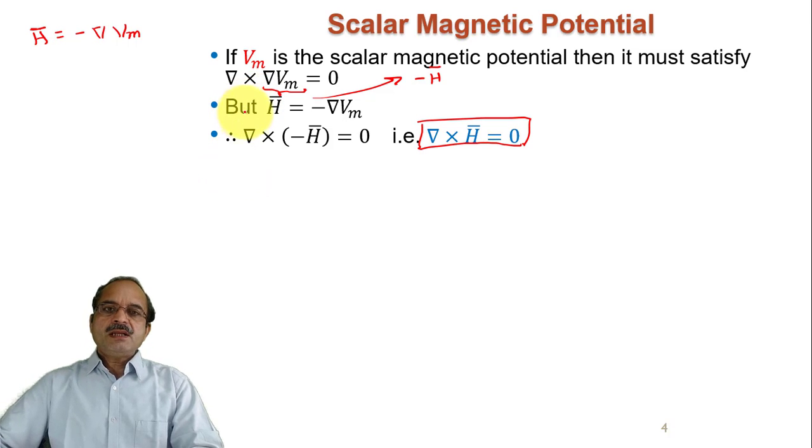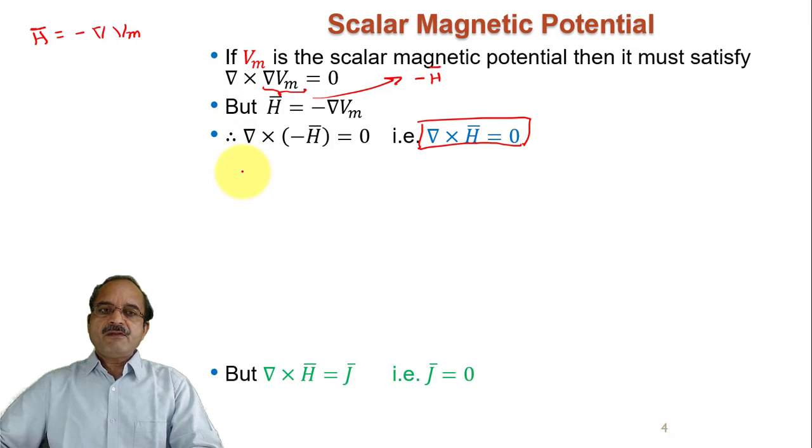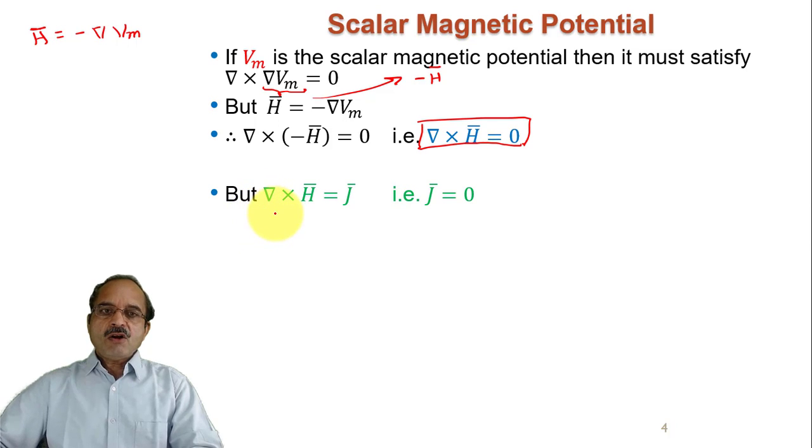But we have seen one of the Maxwell equations that the curl of H is equal to current density. So these two equations are contradictory. One equation says curl of H is equal to 0. From Maxwell equations, this equation says curl of H is equal to J. Both these equations are satisfied only if current density is 0.